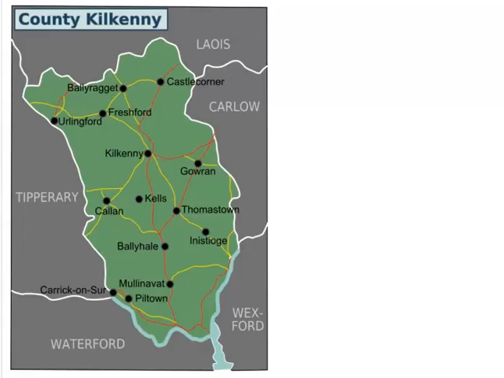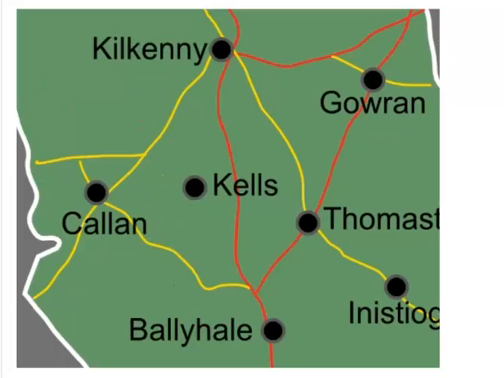Now, to some extent, it can be slightly complicated. Let's make this a little bit easier to explain. Let's take a smaller section of that, and think about how we might show the relationships between these various different towns.